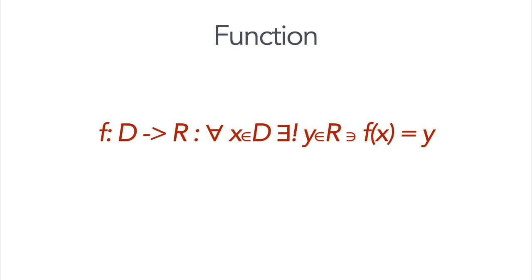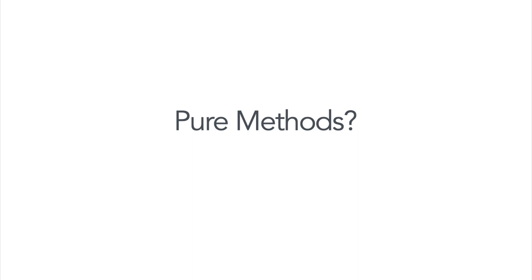It was sort of the way of working the word monad into a conversation when you were 12, 13 years old. F maps from D to R, such that for every x in D, there's a unique y in R, such that f of x equals y. It's the definition of function written so that people hate us. So that's a pure function.